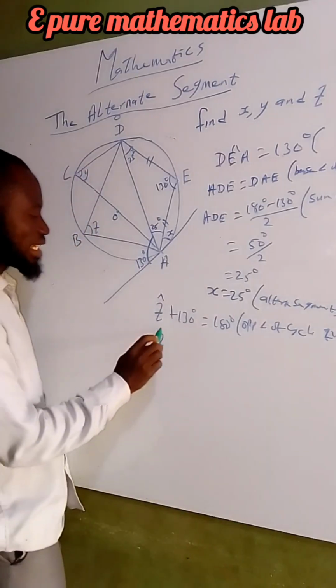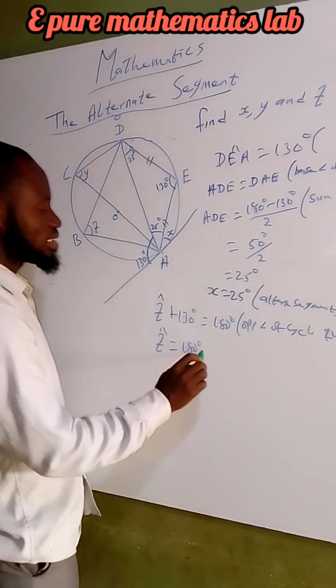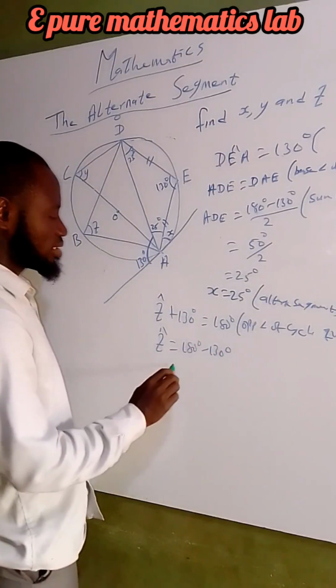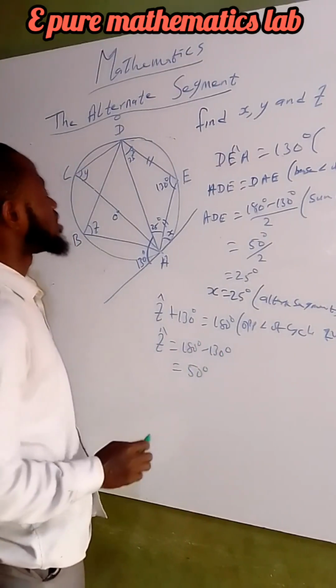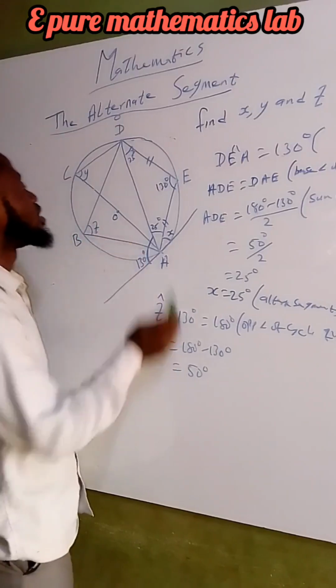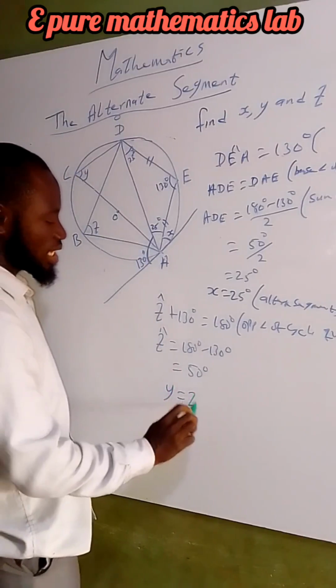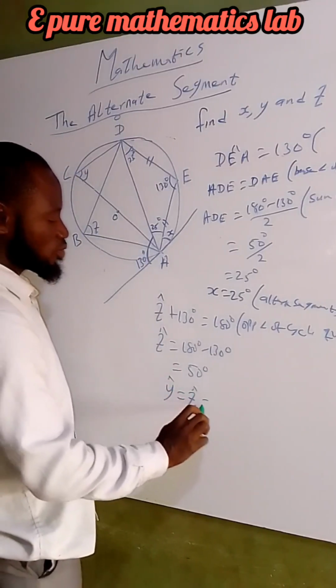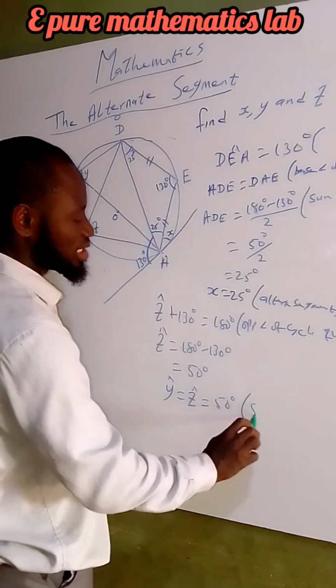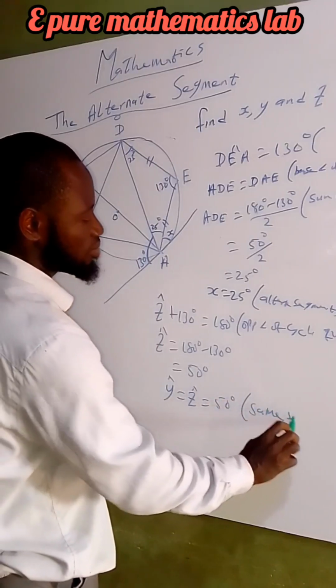So z is equal to 180 degrees minus 130 degrees, which is 50 degrees. And if z is equal to 50 degrees, automatically y is also 50 degrees. y is equal to z, which is equal to 50 degrees. Reason: same segment.